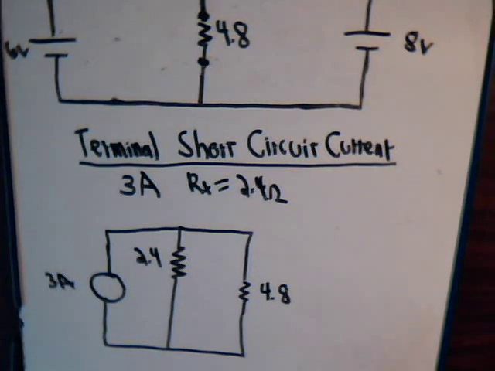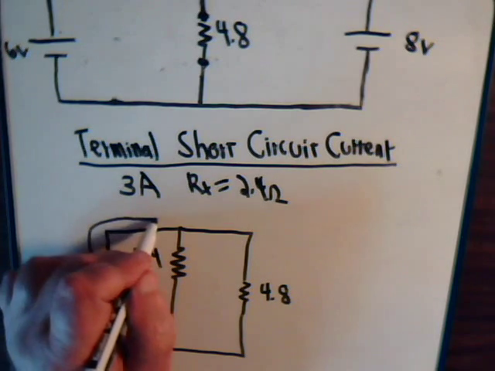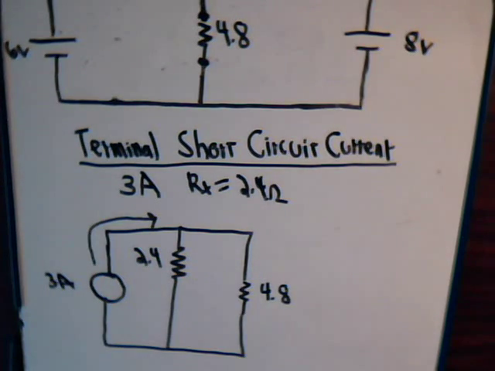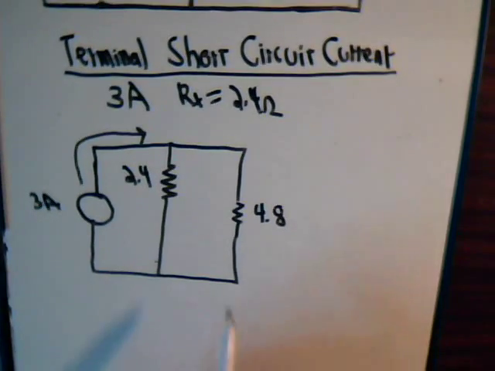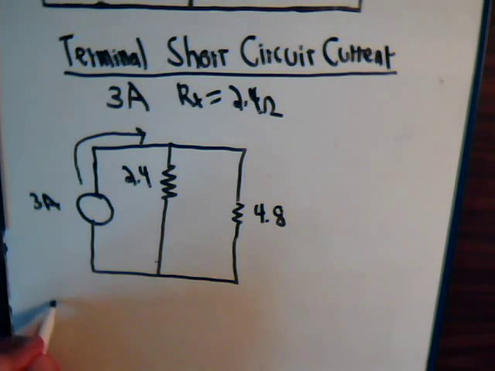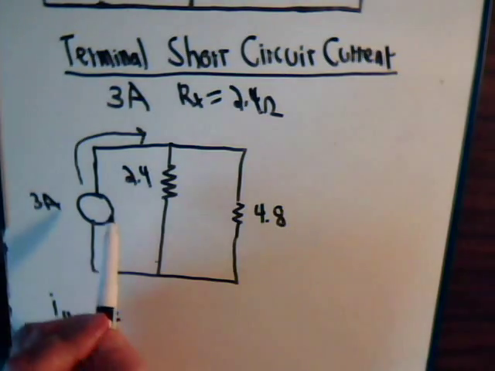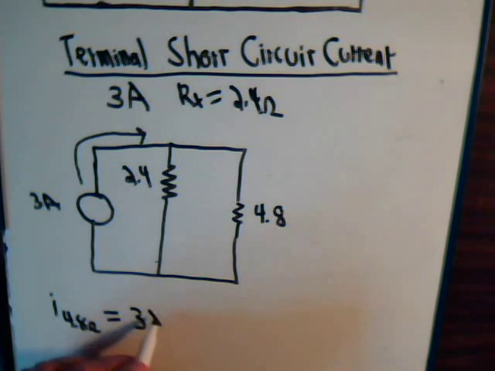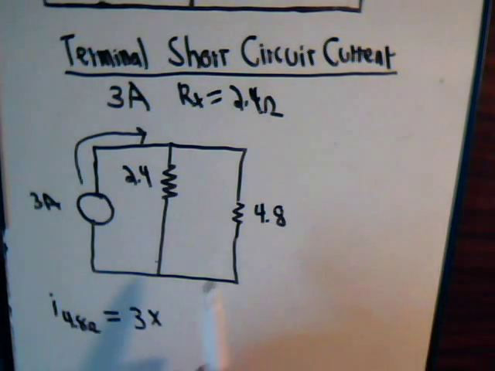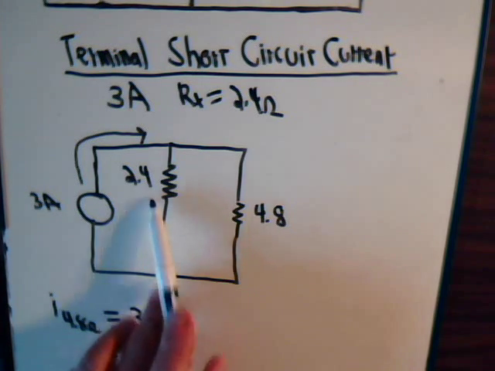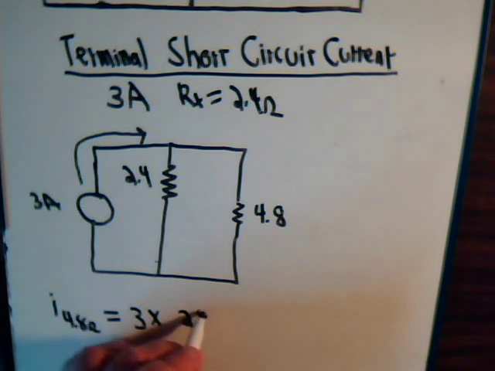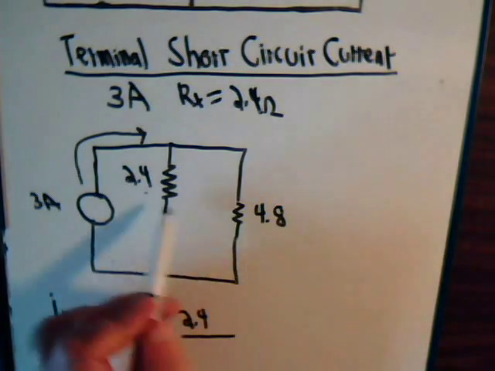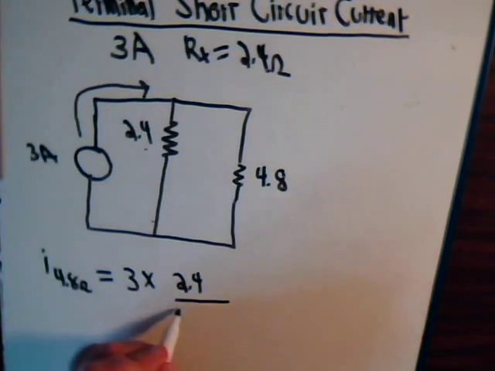So here we have 3 amps coming in, and it's going to be split across these two parallel resistors. So the amount of current through this resistor equals the amount of current that's being fed into these two parallel resistors, 3, times, then for the numerator we have the opposite resistor, 2.4 ohms, divided by these two added together, that's 7.2.